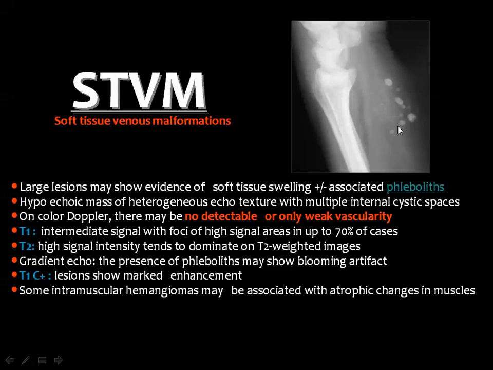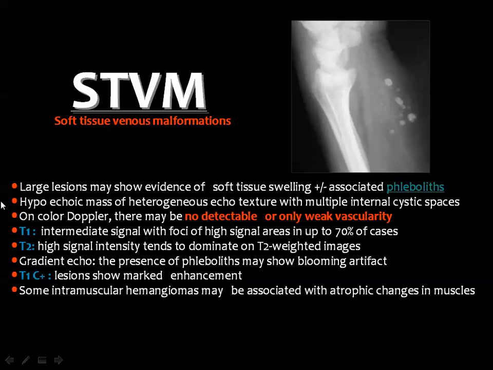If you remember in the first part of these lectures, I said that the plain X-ray, although it looks of little significance, sometimes provides important information, very helpful for the diagnosis. So if you see calcified phleboliths, then you know that you are dealing with a hemangioma.